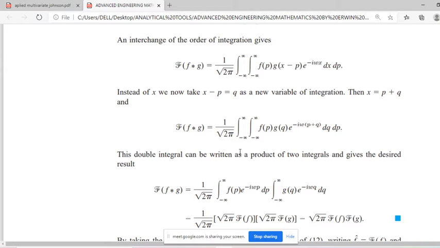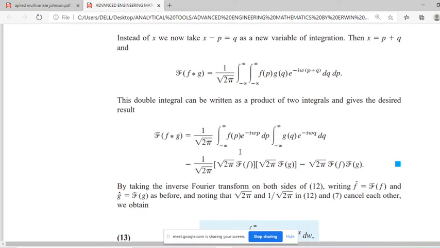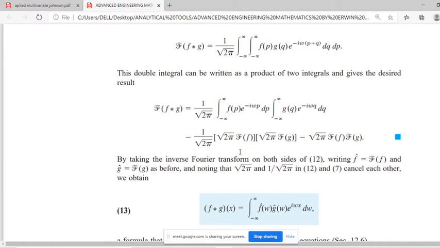So this can be considered as product of two integrals, because p and q can be considered as two functions, f of p into e raised to iwp and g of q into e raised to iwq. So since it is the product, we can separate like this, and we can put the integration also like this.